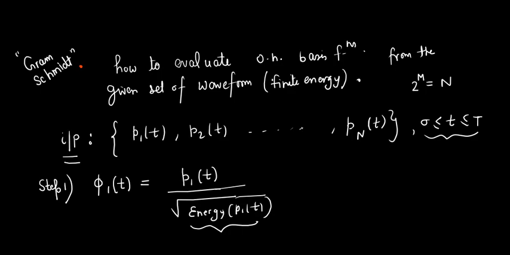This is why I left that previously: if the energy of p1(t) was infinite, then phi 1(t) will become 0, right? You cannot go further. So, it works over the set of finite energy waveforms. Of course, you are using waveforms, so they must be of finite energy.